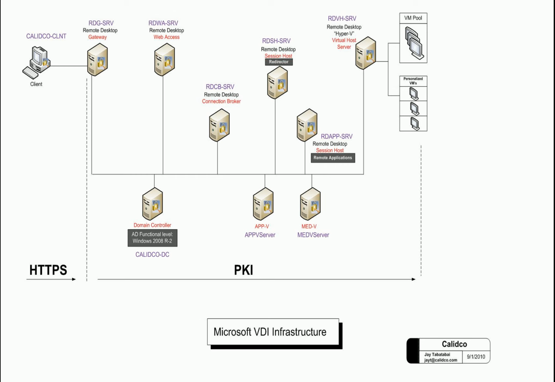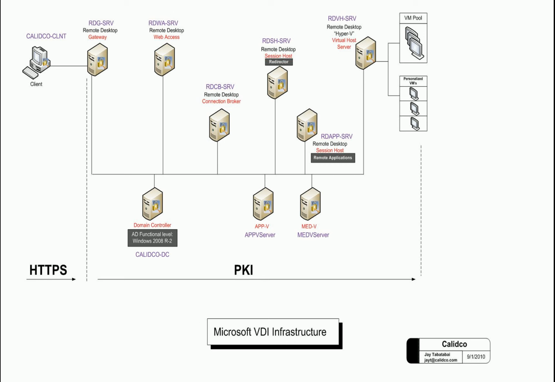So here is what the typical VDI infrastructure looks like. The client could be a WISE terminal or an XP machine, the older machines. The first entry point to the VDI infrastructure is the remote desktop gateway.